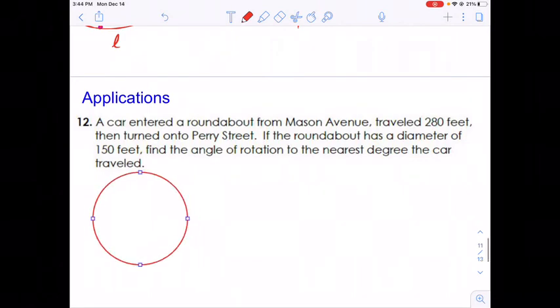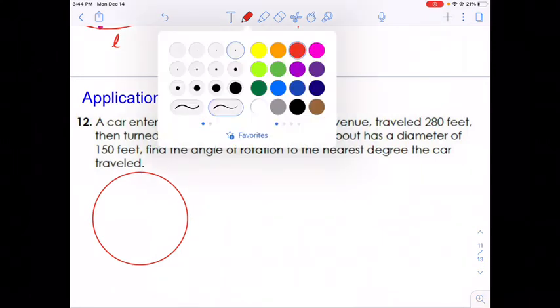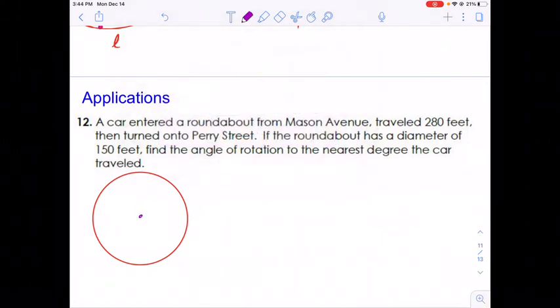Now, we have a point here in the middle, that'd be the center of our roundabout. It says it has a diameter, so if we draw this diameter across, that's going to be 150 feet. That means our circumference here is going to be 150 pi.